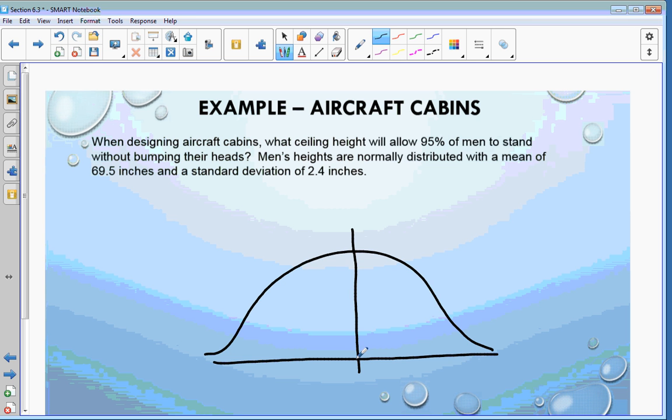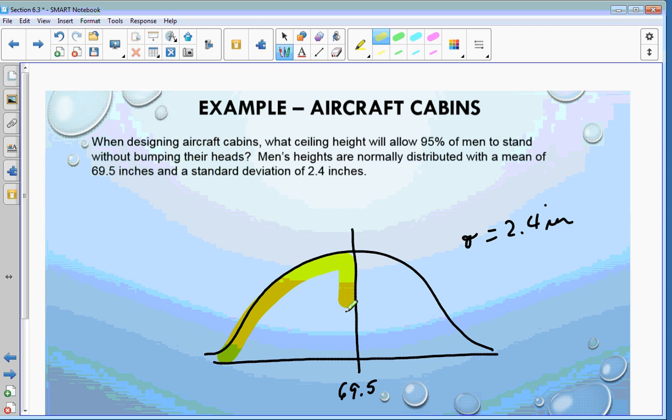Right in the center there, we're going to put that the mean is 69.5. I always like to write my standard deviation of 2.4 inches out here. And I want 95% of men to be able to stand. So 95%, think about that, and I start highlighting away.